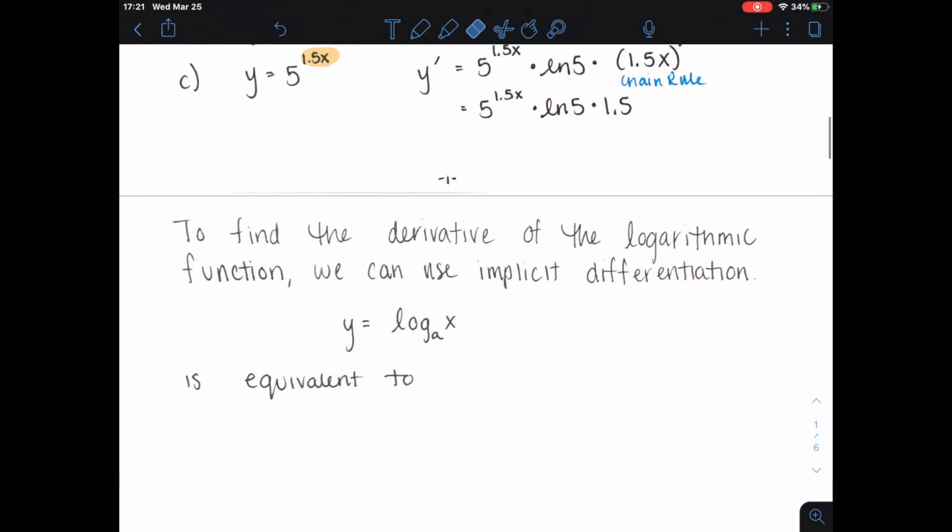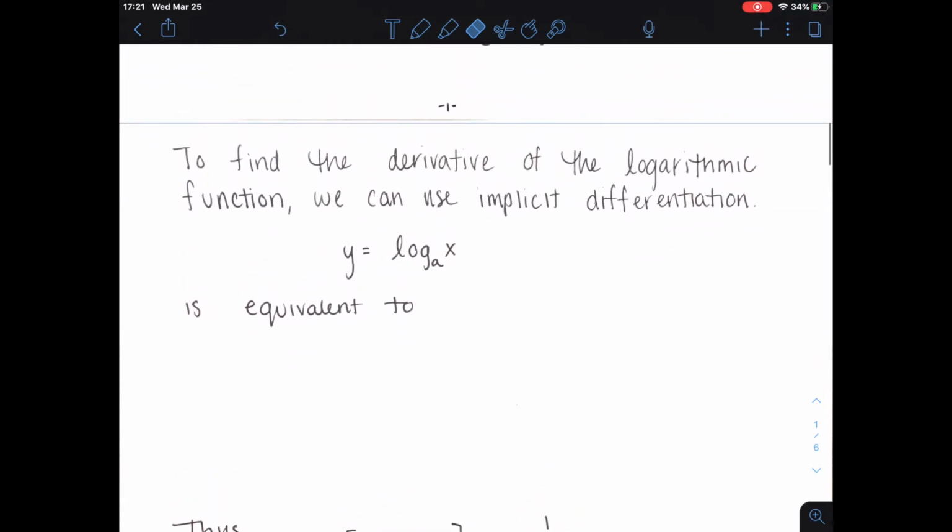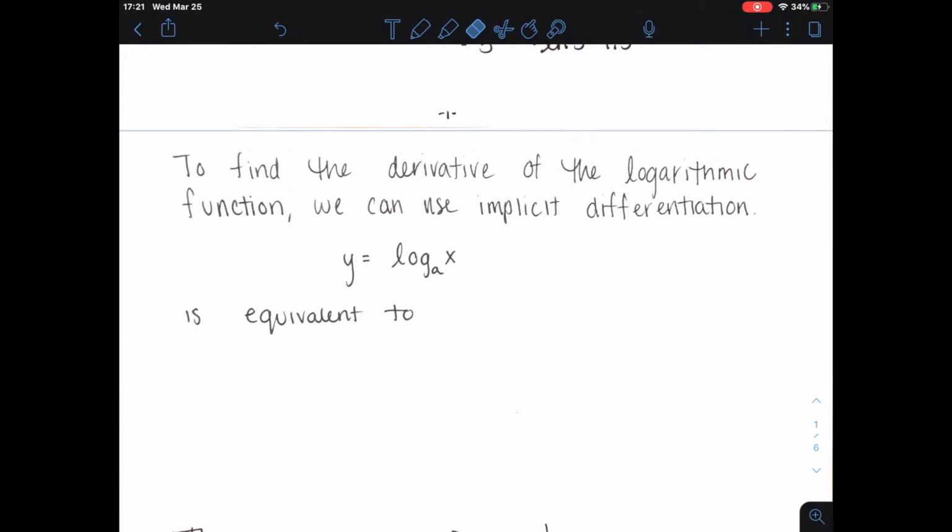So now that we have the derivative of the natural logarithmic function and the derivative of this arbitrary exponential function, we're going to use that to differentiate log base a of x. So if you remember, if we rewrite this, our base is a, our answer is x, and then y becomes the exponent.